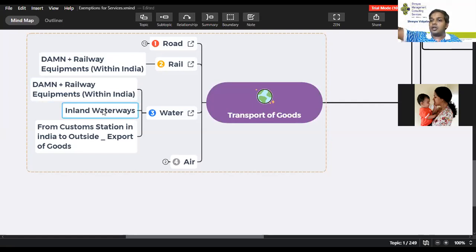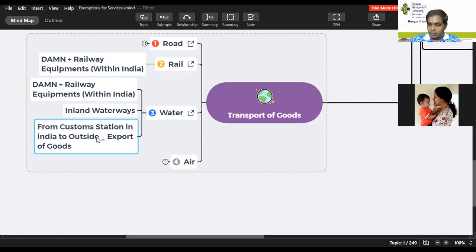What about international transport? Government is saying that also I am giving exemptions. So they said from India to outside India, if you are transporting, it is exempt. From custom station in India to outside India. So now let's look at this in an overall perspective. Within India, if you are transporting, these specific products are exempt. Dam and rail. Through inland waterways, exempt. From India to outside India, exempt.